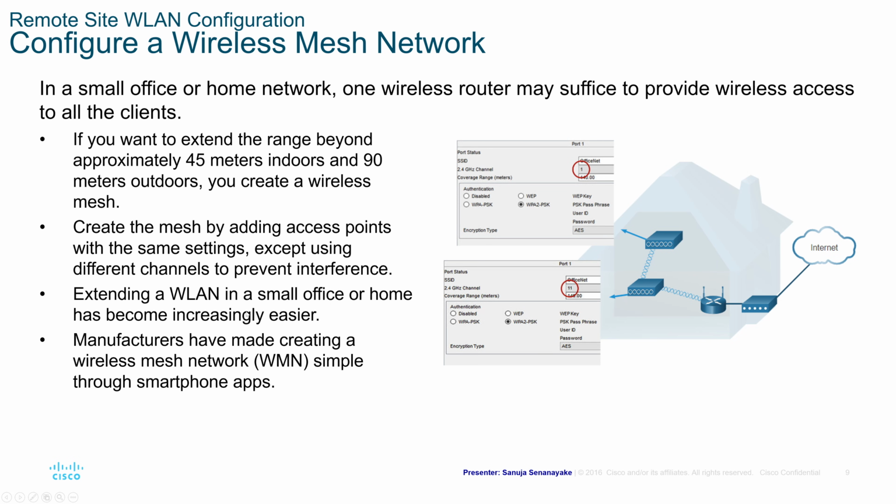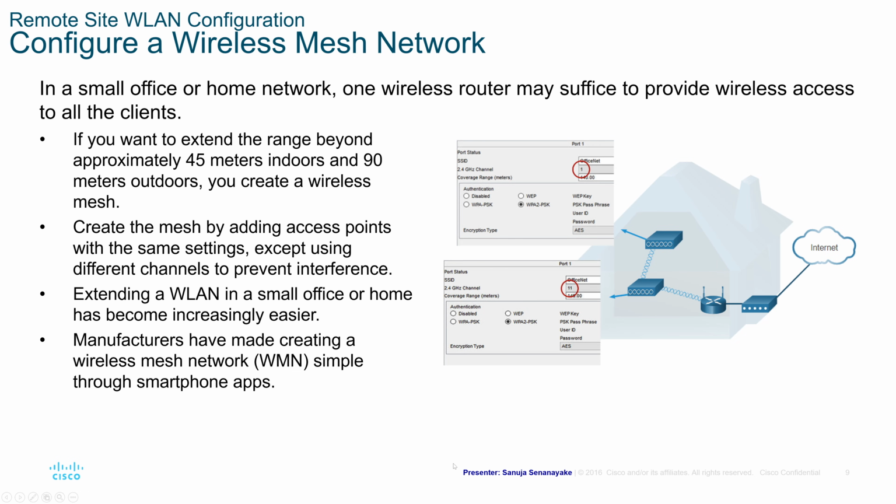Extending a wireless LAN in a small office or home has become increasingly easier as newer, more intelligent devices come into the market. Manufacturers have made creating a wireless mesh network, also known as WMN, simple through smartphone apps.